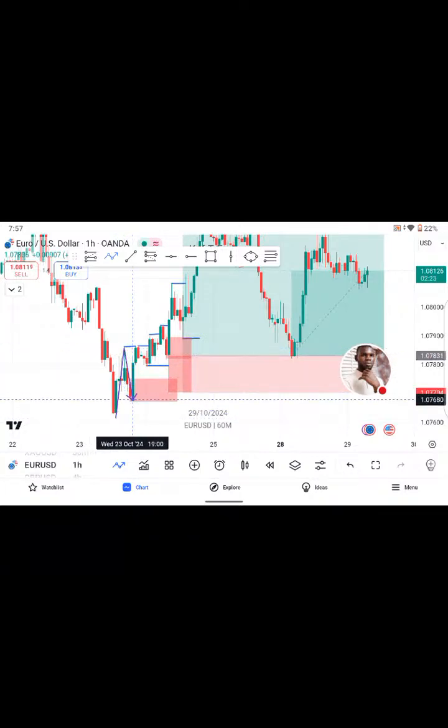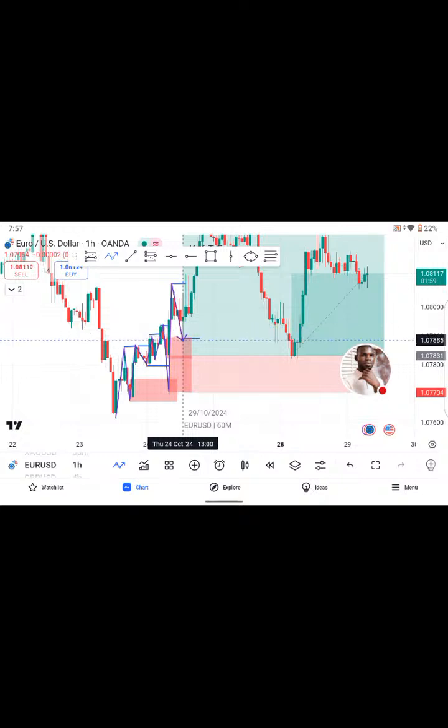We have this, then we have this break of structure, then we have this again, another break, then we have this as well, another break. Then price came back to take out the liquidity and give us another break.